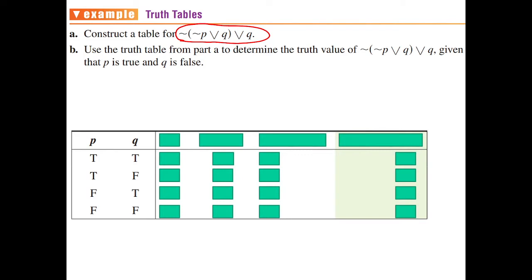So, mao ni siya ang akong ibutang sa first two columns if I have two statements. When I say two statements, I am using two letters only, in this case P and Q.